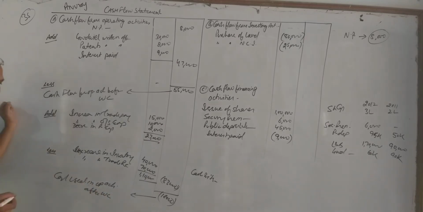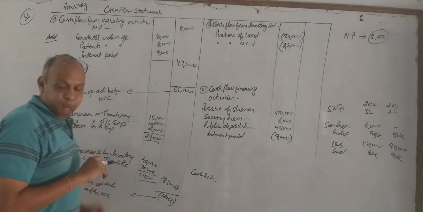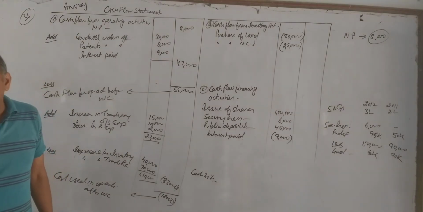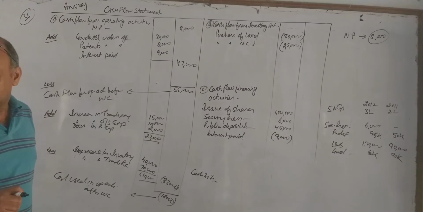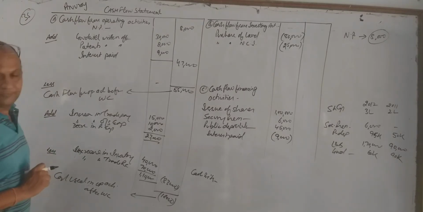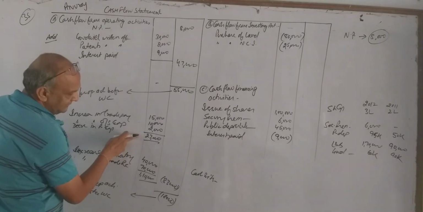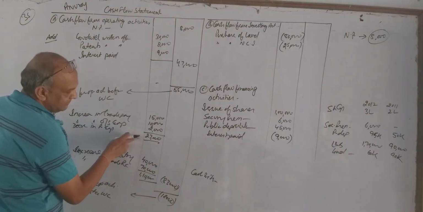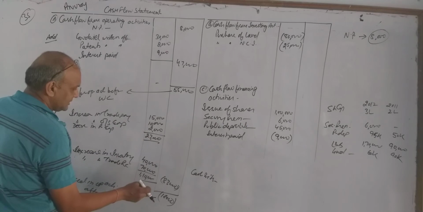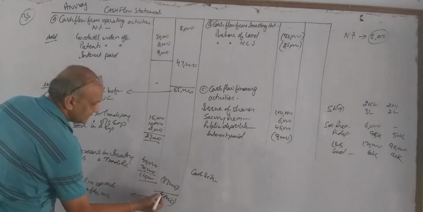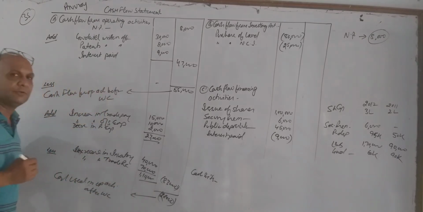After working capital. So this is first part. Let me check the total. 27, 1 लाख में से 73 और 10 83. It will be 28, not 18, 28.